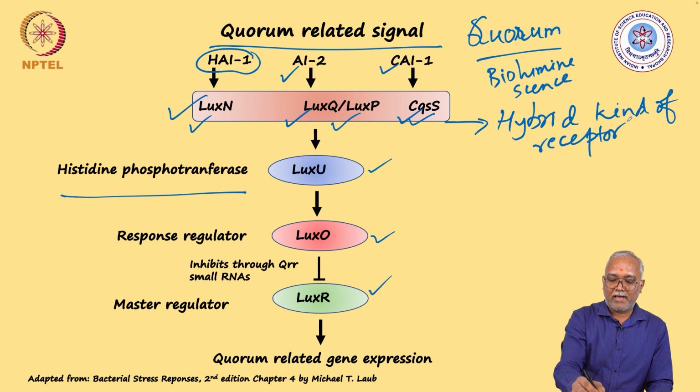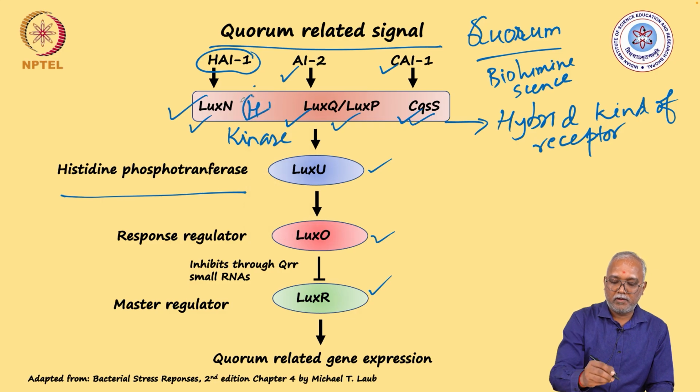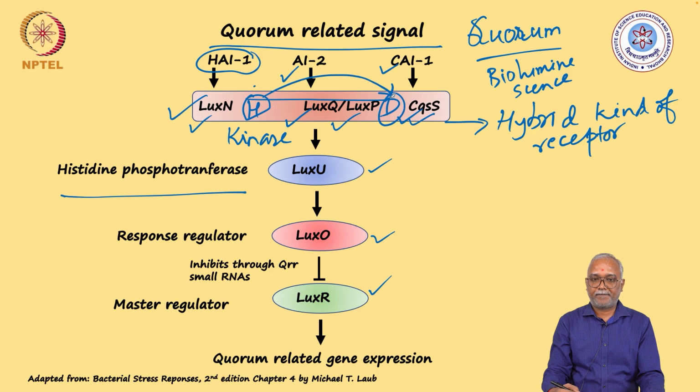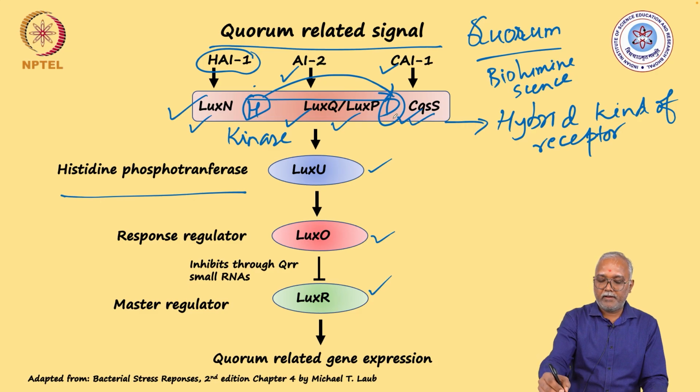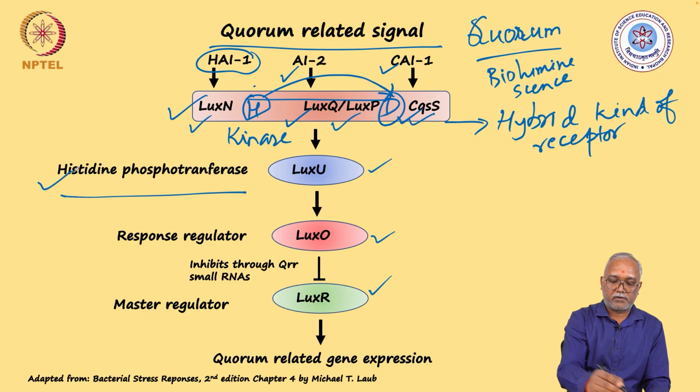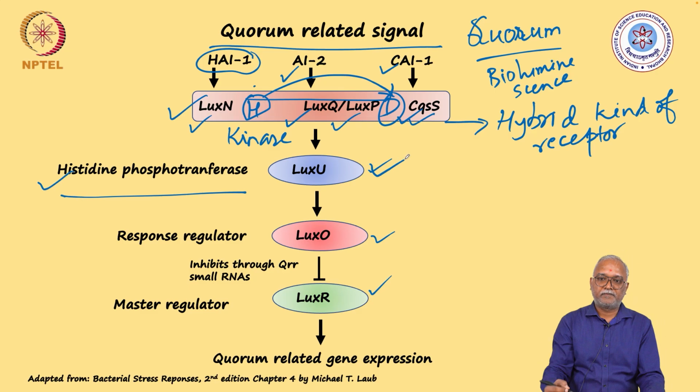So the receptor has kinase activity, which will phosphorylate a histidine residue, and then there will be an internal aspartate residue somewhere, and you will see the internal phosphotransfer event. From here, the next molecule which needs to take the signaling forward is the histidine phosphotransferase, or Lux U.